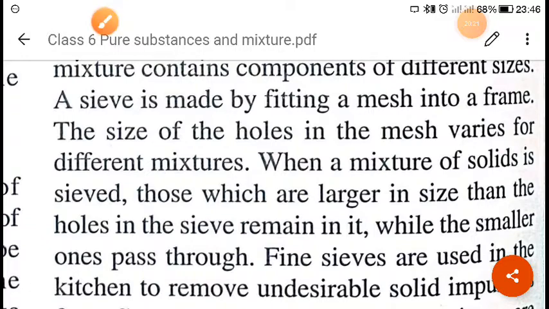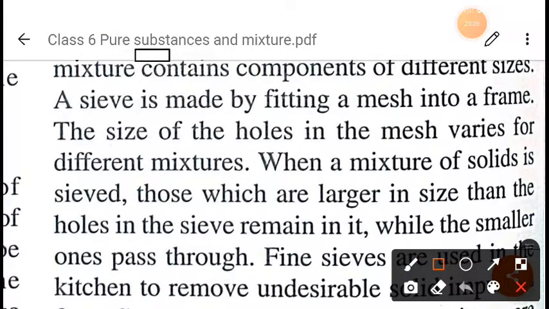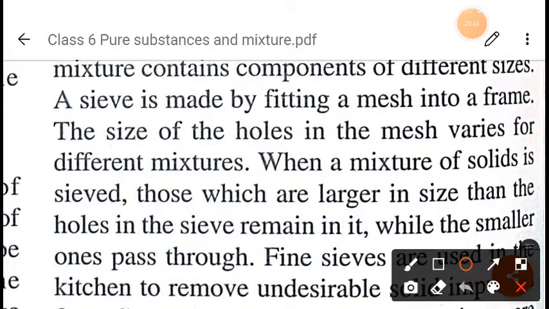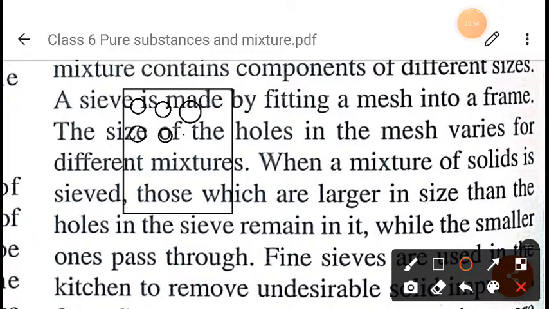Suppose this is a sieve, right? And in the sieve there is a small hole like this. You have seen it in our home, right? Small holes are there, like this. So this is used for separation by sieving.